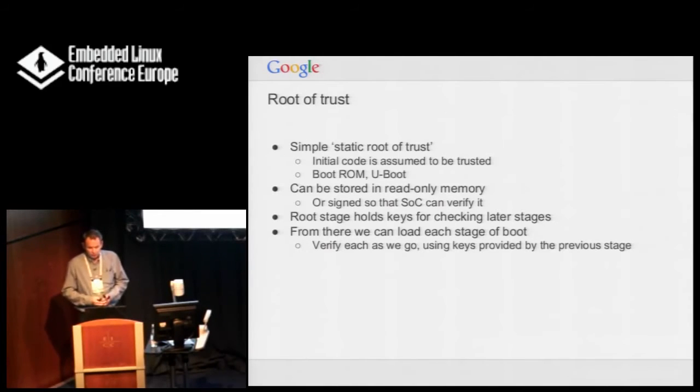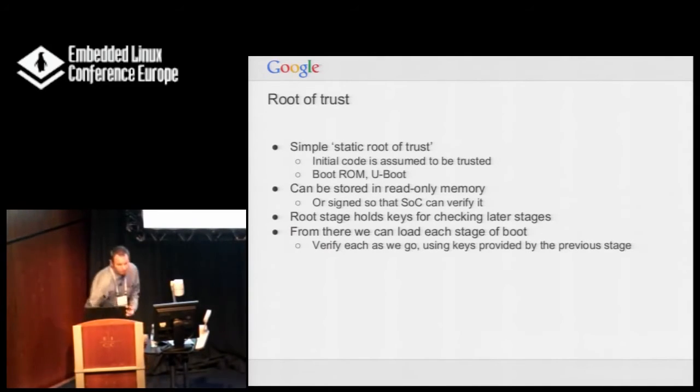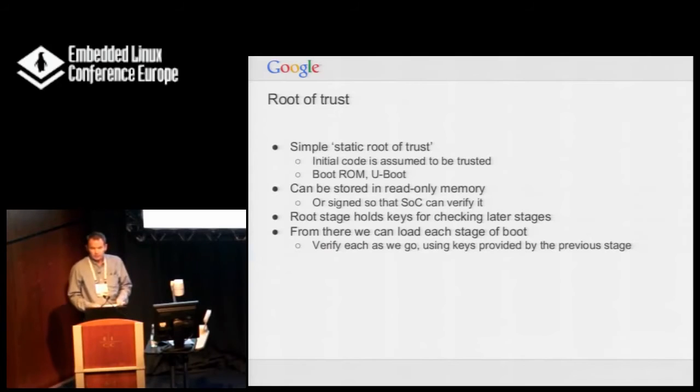That's what I call the static root of trust model. It might be the boot ROM, it might be U-boot. Now that could be stored in read-only memory. It needs to be stored somewhere that cannot change after manufacture. And it could also possibly be signed so that the SoC can verify it. So what you do is you put into that root stage keys which verify software you load after that.